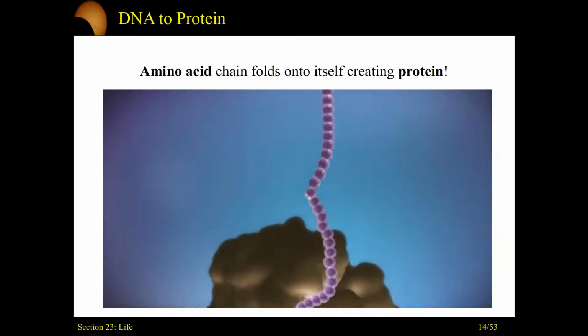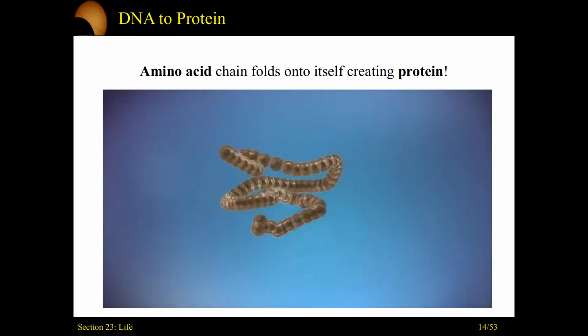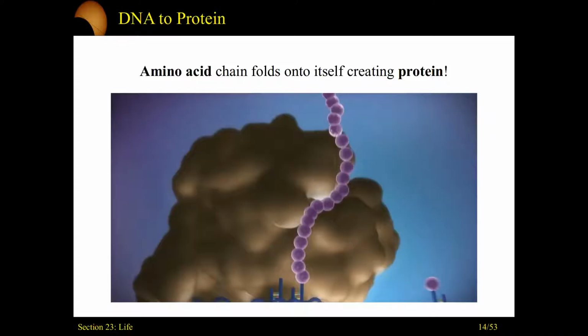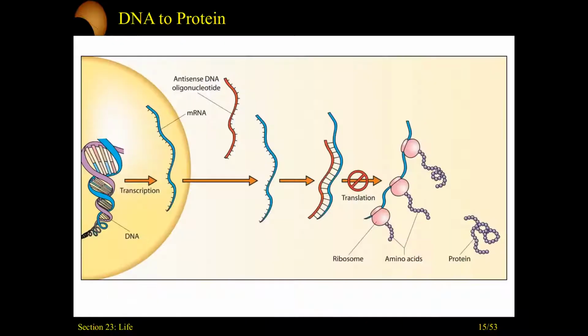So, how do you go from DNA to proteins? As a reminder, you read off the genetic code, creating a messenger RNA. That messenger RNA gets read by ribosomes that attach individual amino acids.